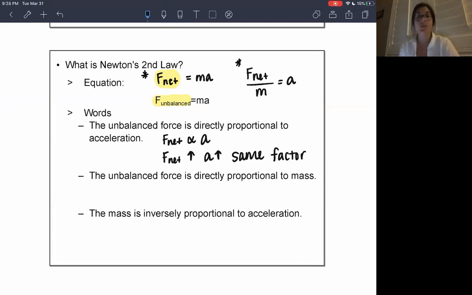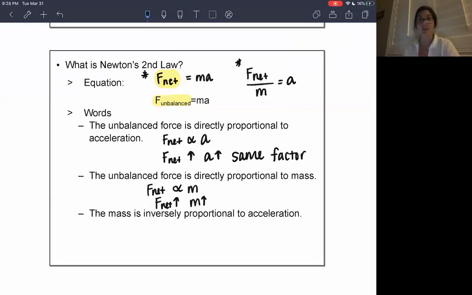The more force I exert on something, it makes sense that it'll accelerate a little bit more. This also means that your net force is directly proportional to your mass. Here's how I think about this. If I increase the mass of my object, so I take a baseball and a bowling ball, and I want to accelerate them at the same rate, so I want them to speed up at the same rate, the bowling ball, having a larger mass, is going to require a larger net force to get the same acceleration.